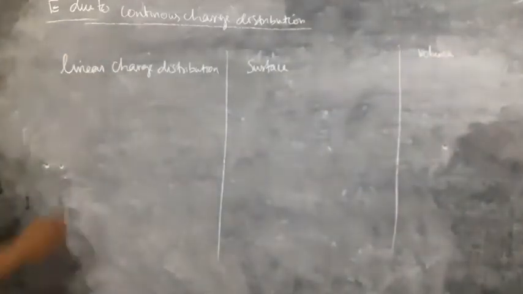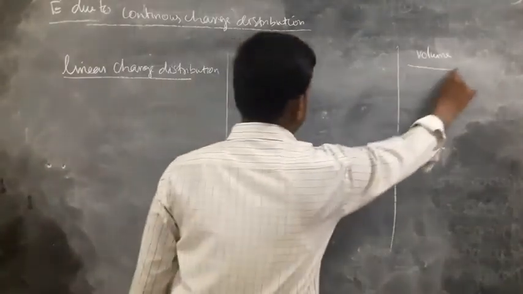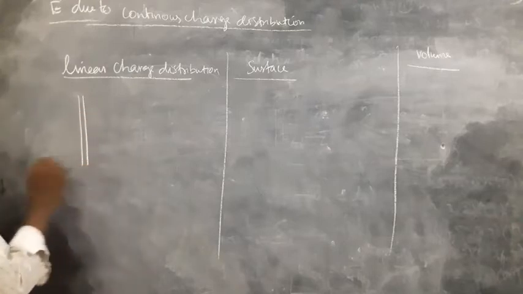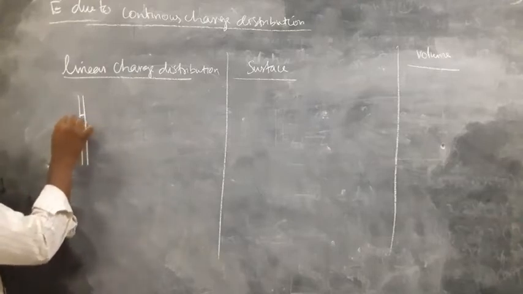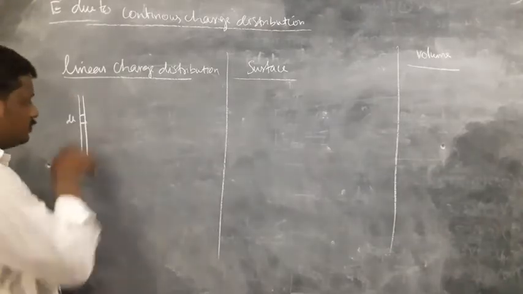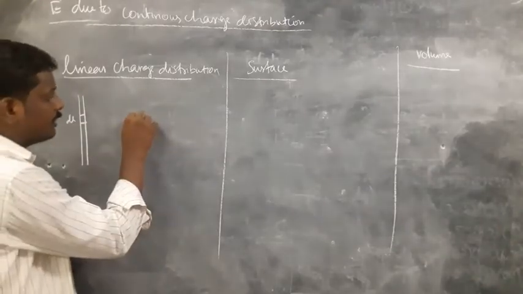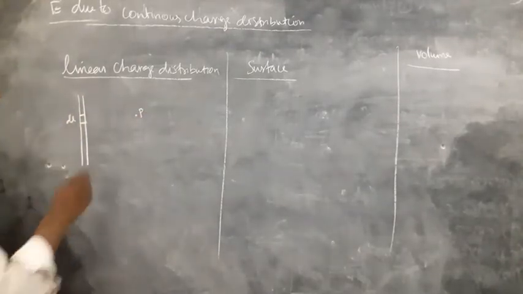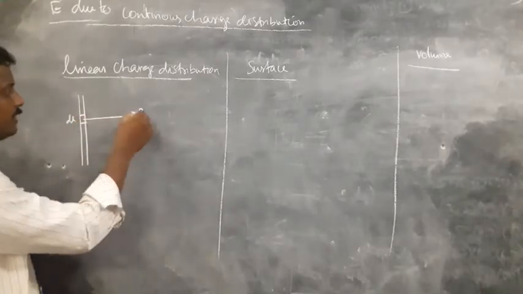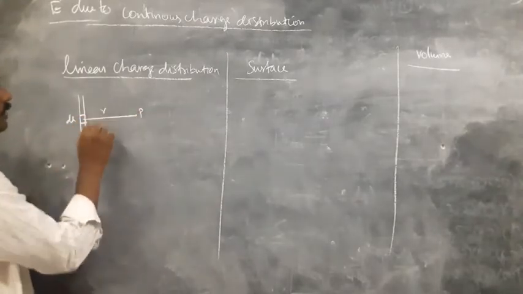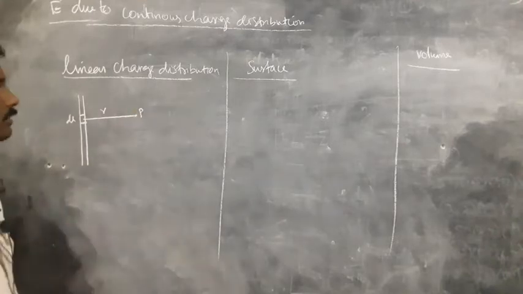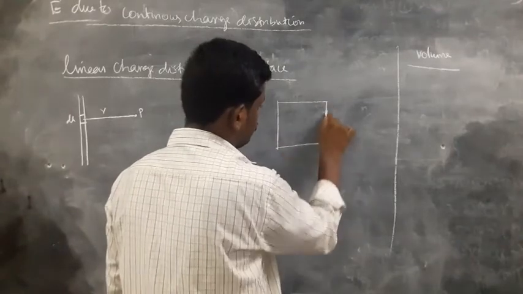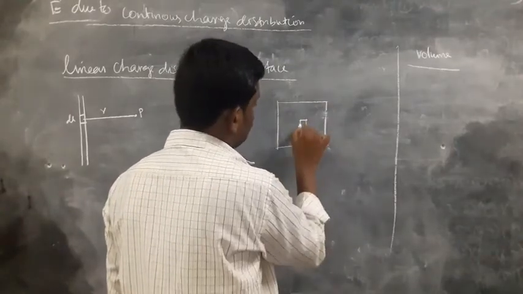I am going to take one example. Consider a charged wire. It has a small length dl. What is the electric field at the point P due to the charge present in the small element dl? r is the position vector from dl to P. Similarly, for a surface it should be a plate, with a small element dA.